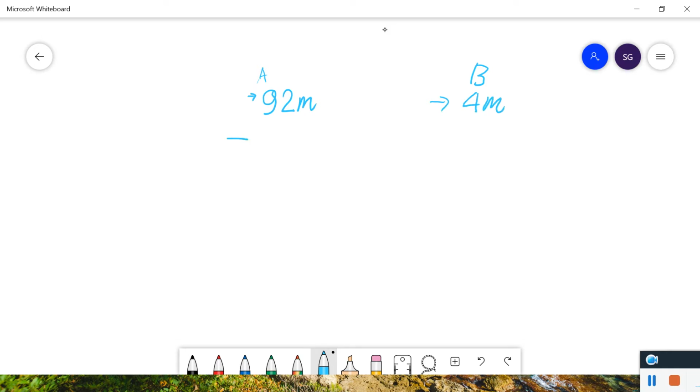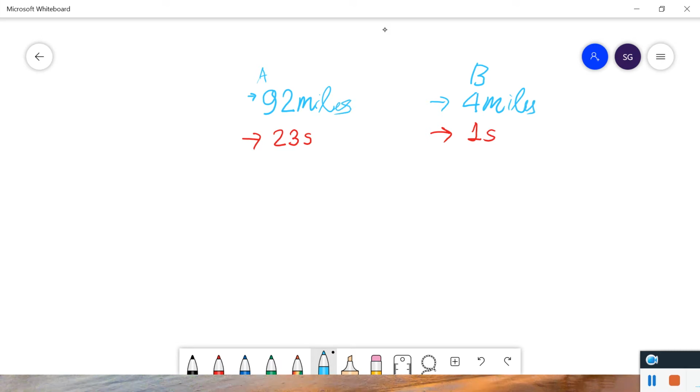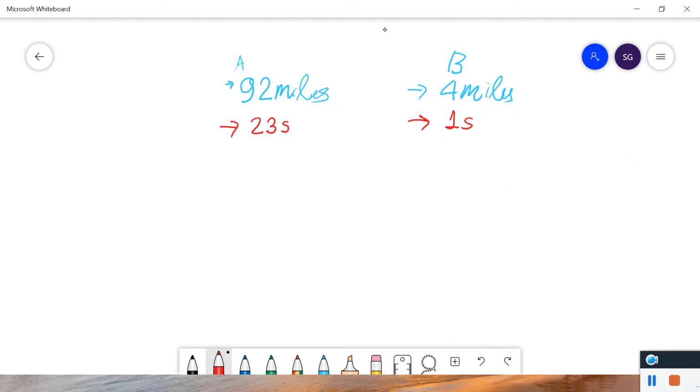He took 23 seconds and the other took 1 second. Now let's come to the calculations. Sorry, it's 92 miles, 4 miles, sorry. It's 1 meter, remember. So this was the distance and this was the displacement.